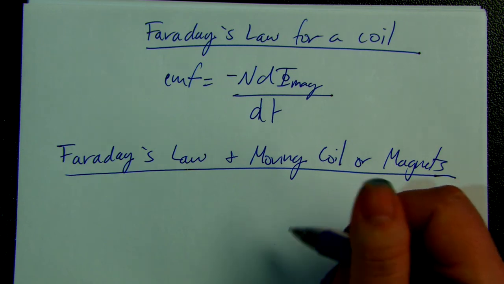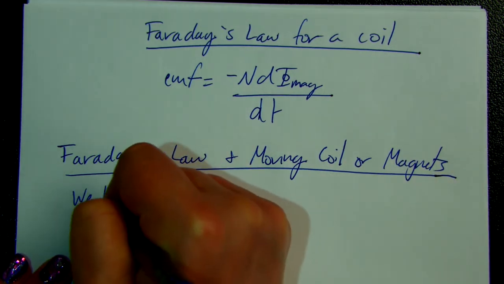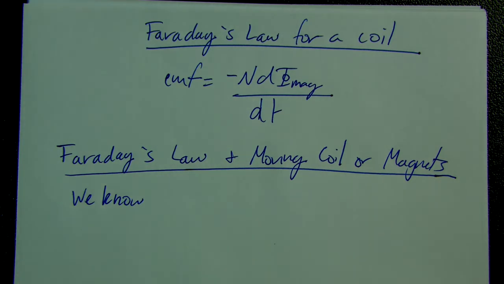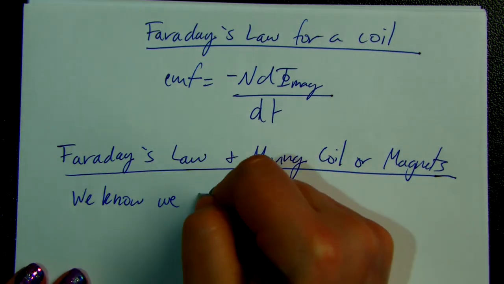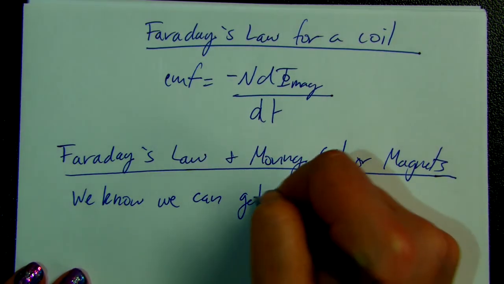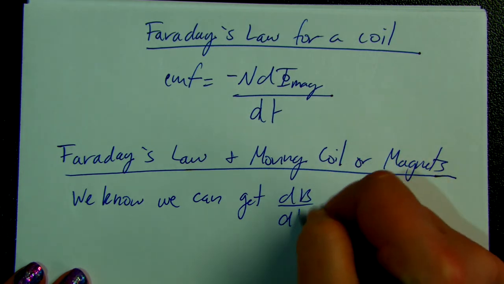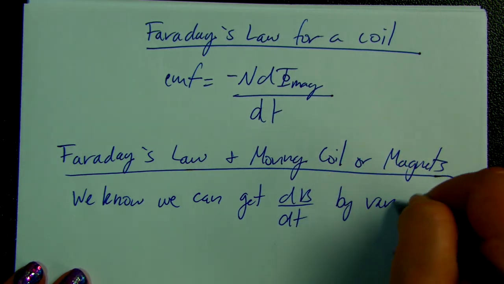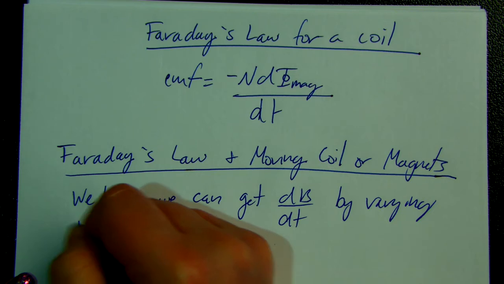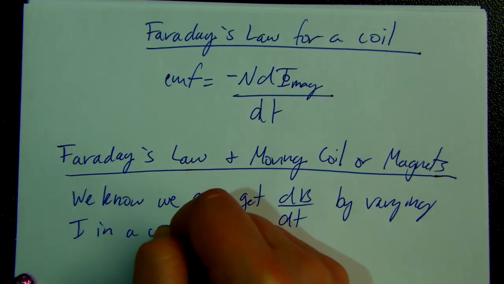Okay, so we know we can get dB/dt by varying current in a coil.